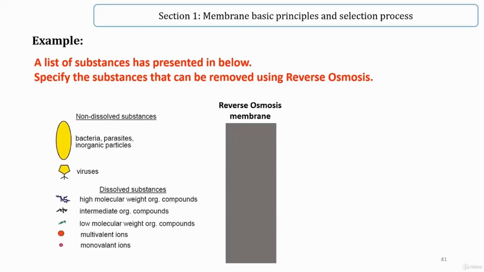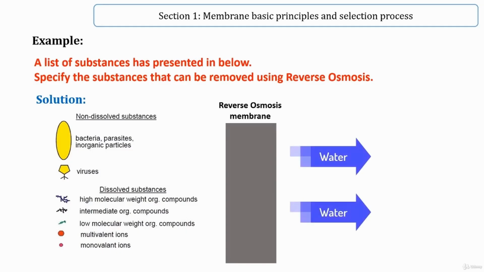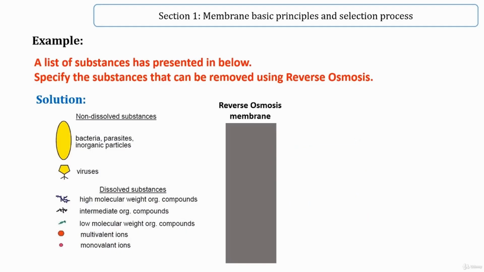Now specify the substances that can be removed using reverse osmosis. As you can see, all the substances can be removed using this membrane, and only water can pass through the reverse osmosis.